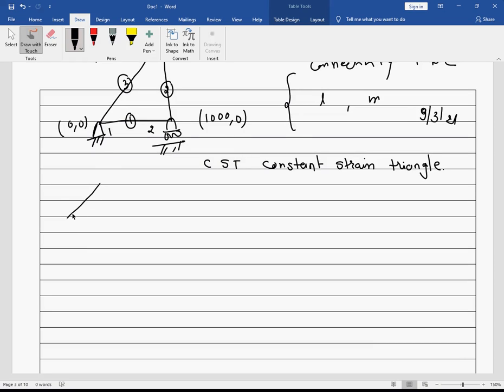So while meshing, you might mesh and you might get an element of such a shape. Okay. So this is in X and Y coordinate, or global coordinate.